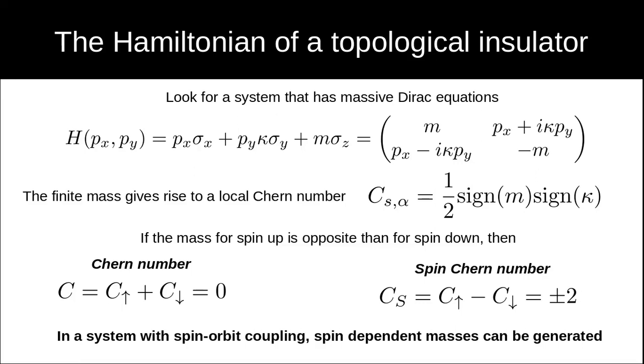And if we now assume that opposite spins have opposite masses, we effectively end up with an electronic structure that has a total Chern number equal to 0, because we do not break time reversal symmetry, but a spin Chern number that is ±2. And this mass that depends on the spin channel can be effectively generated by spin orbit coupling.